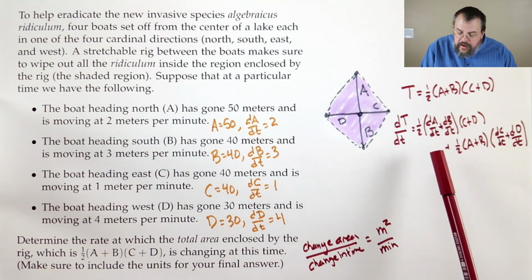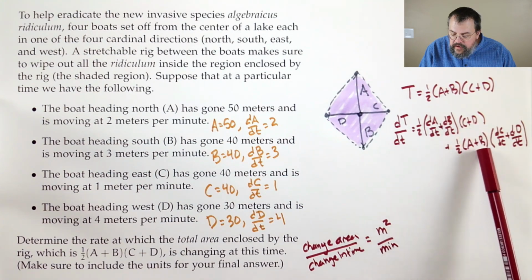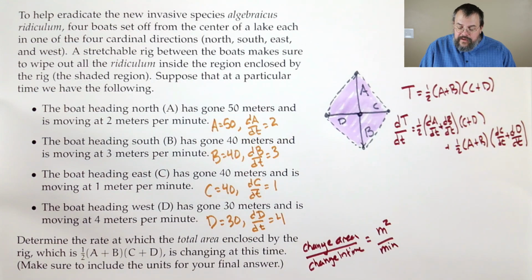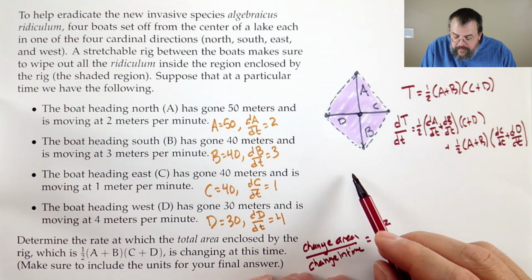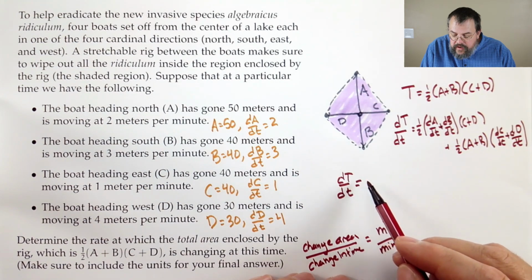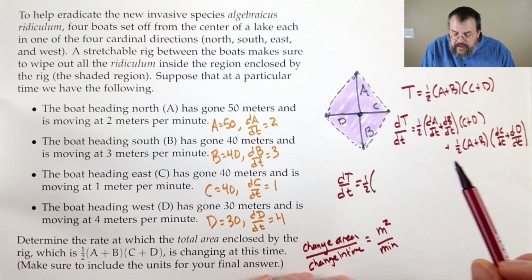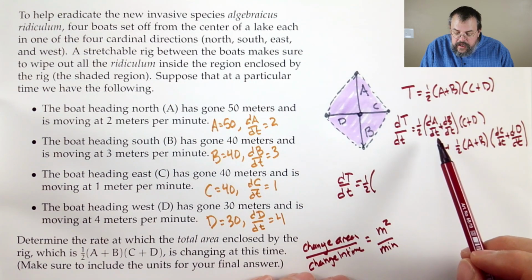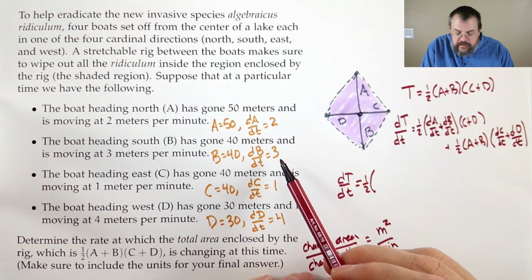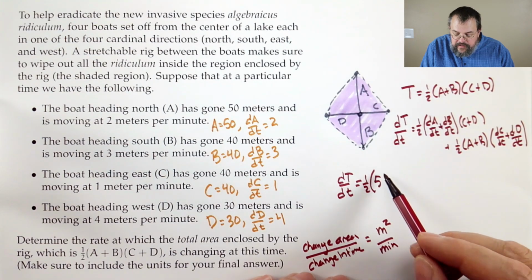The good news is all of these little pieces, we know what they are, because the problem gave them to us. So dT/dt is 1/2 times (the change in A plus the change in B), so that's 2 plus 3, which is 5.